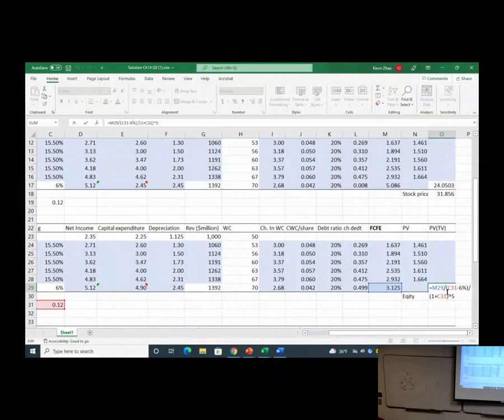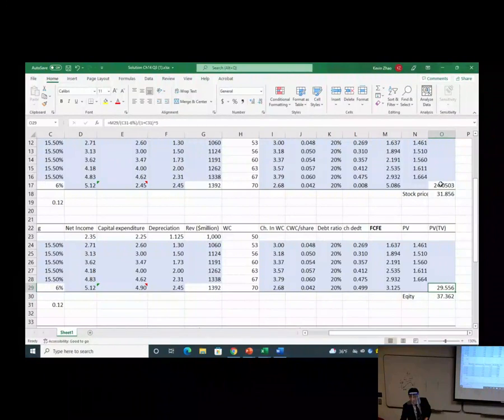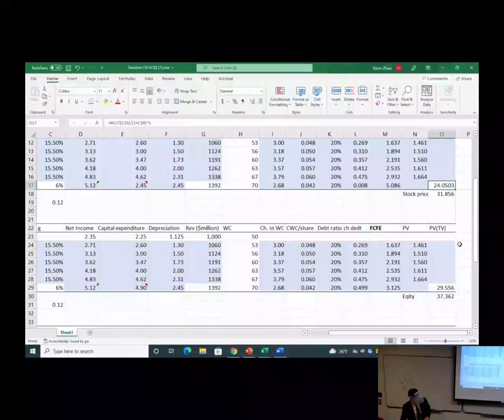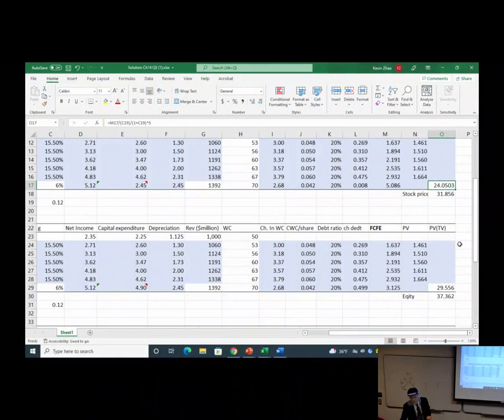But it will not grow. But this one is small here, but it will grow. So the terminal value will be greater. Terminal value would be 29 instead of 24. That's because the company invested, it generated actual value. That gives you $37 estimated stock price.